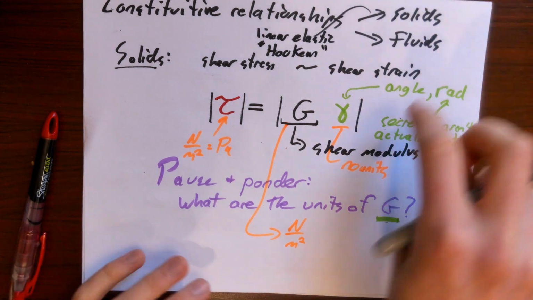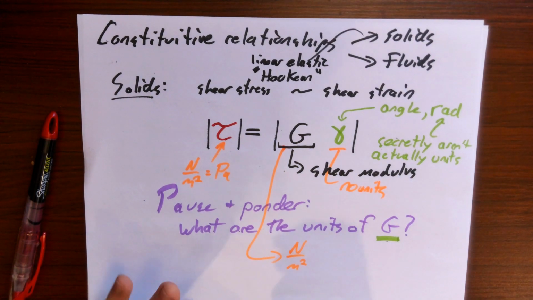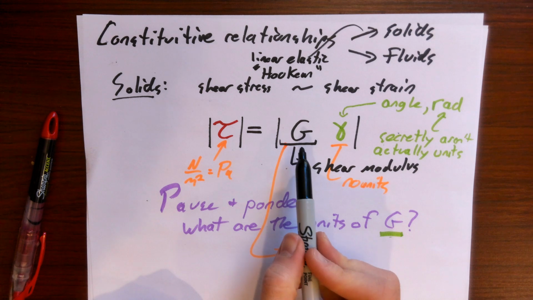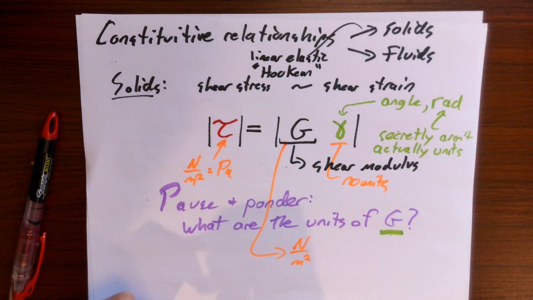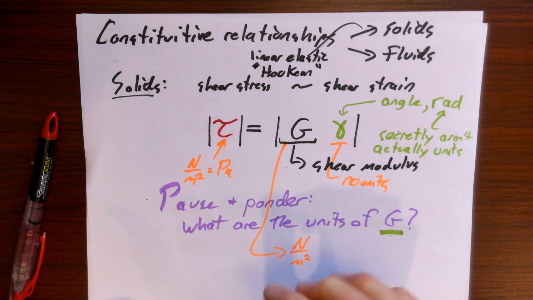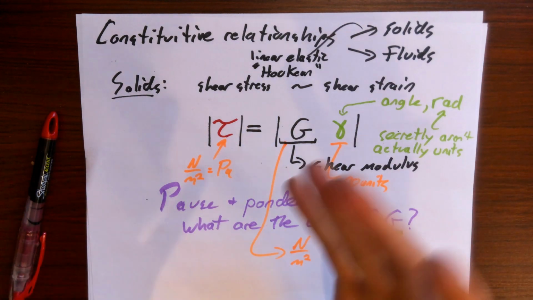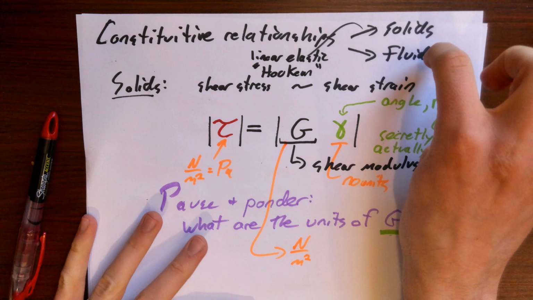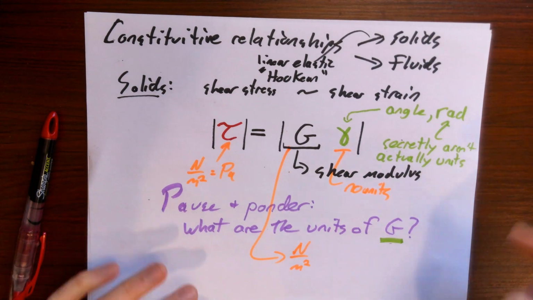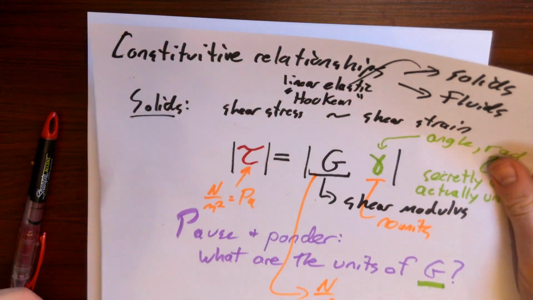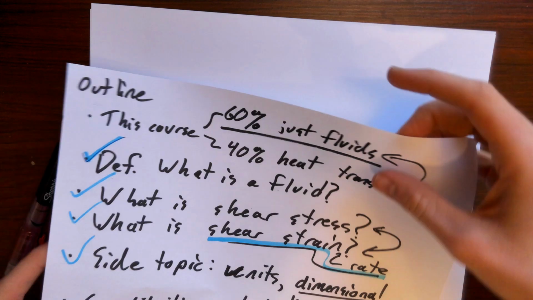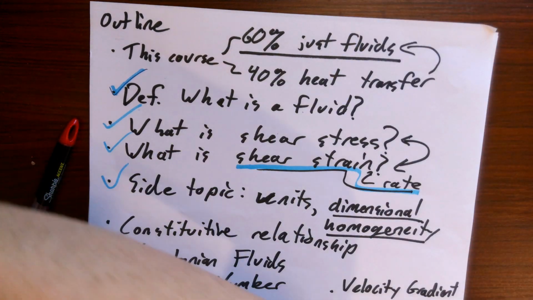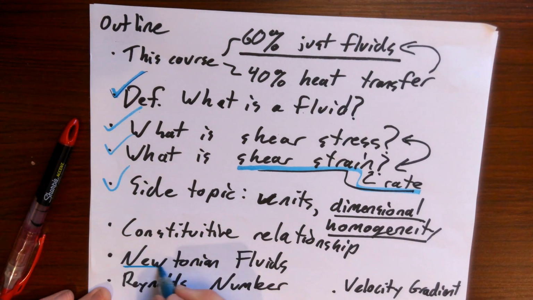This is probably the simplest and most widely used and useful relationship that relates shear stress to shear strain for solids. Now, it turns out there's a similar-ish but slightly different rule for fluids. Of course, there are many constitutive relationships for fluids, but one of the most useful is that of Newtonian fluids.